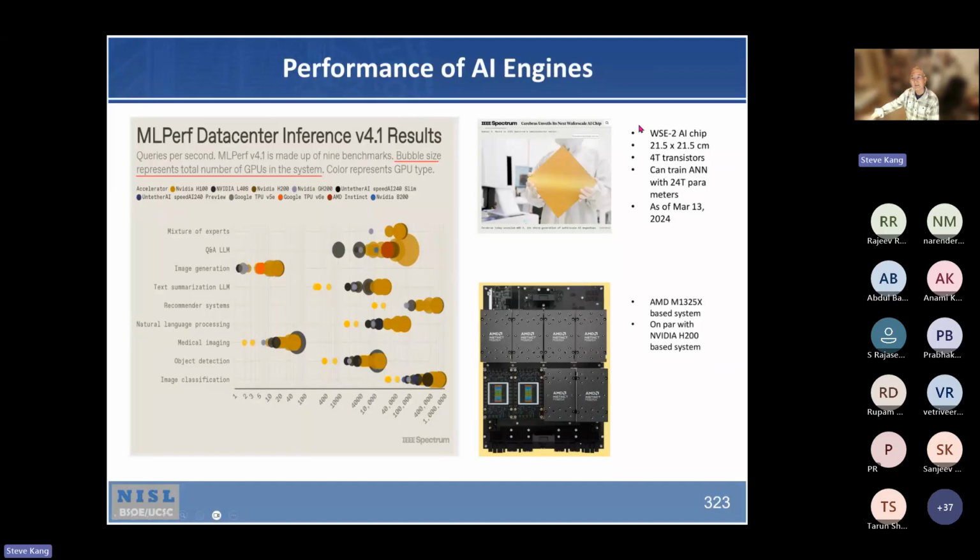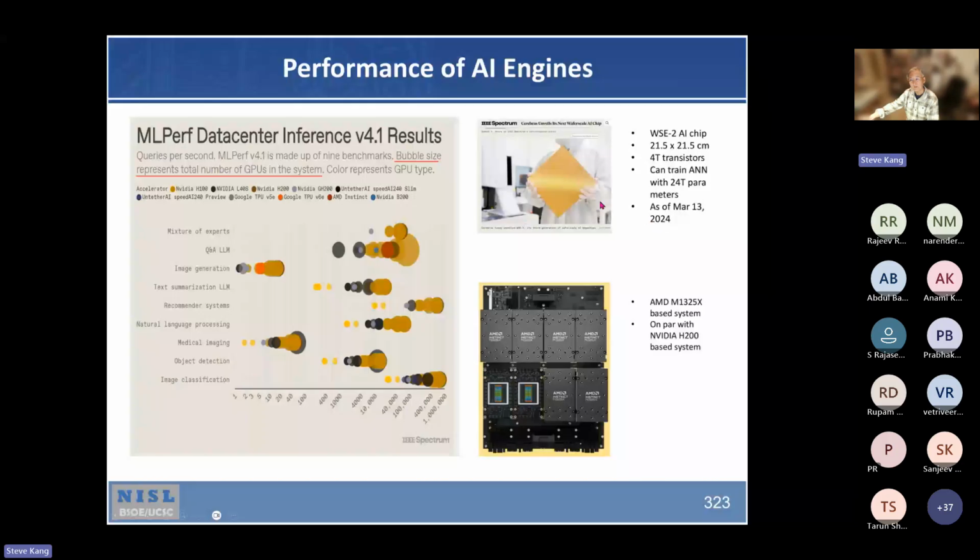And this is AI chip, wafer scale integration. This shows wafer scale. This is a case where they have even 4 trillion transistors. It's an updated number. It can train an artificial neural network with 24 trillion parameters. 24 trillion parameters, as of March 13, 2024.